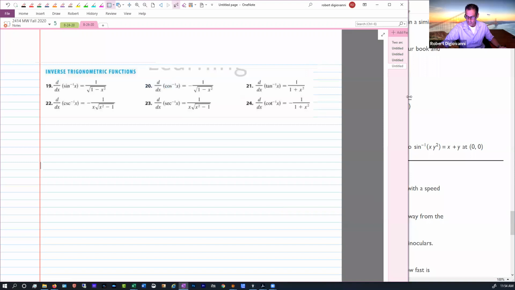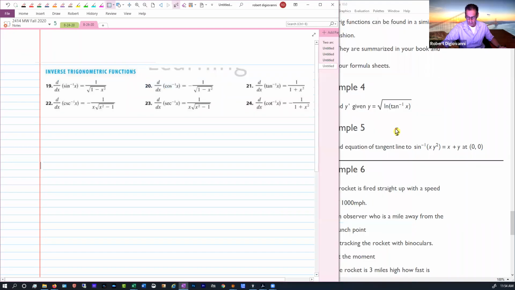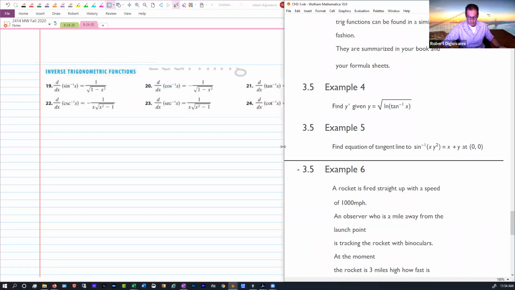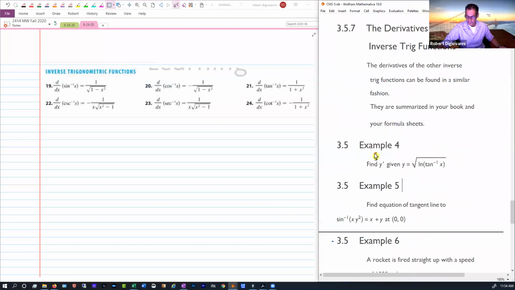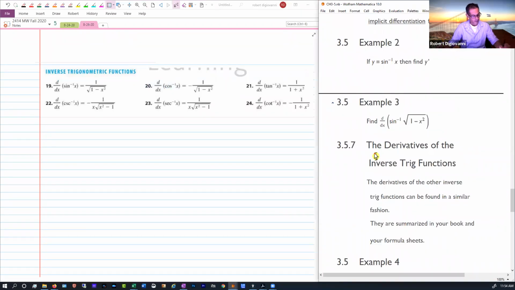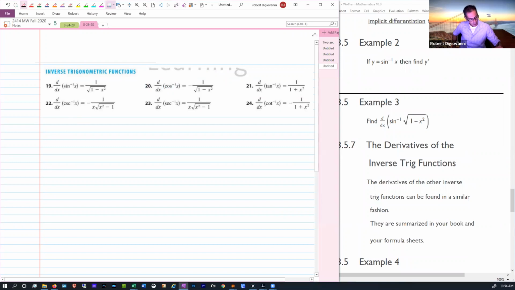All right. So the first problem that I want us to do is this one right here. So we're going to try and find the derivative with respect to x of arcsine of the square root of 1 minus x squared.